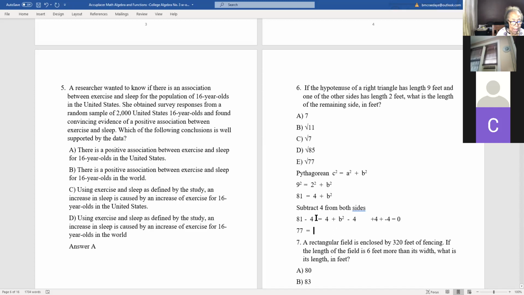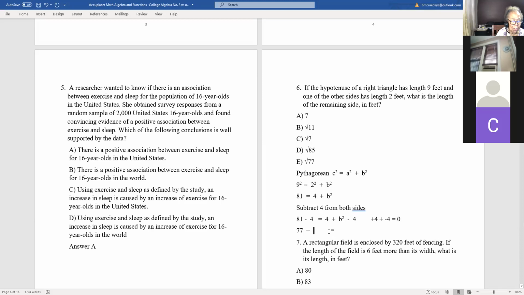So on the right side, what do I have left? After I add the plus 4 and the minus 4, what do I have left on the right side here? A plus 4 and a minus 4 is 0.